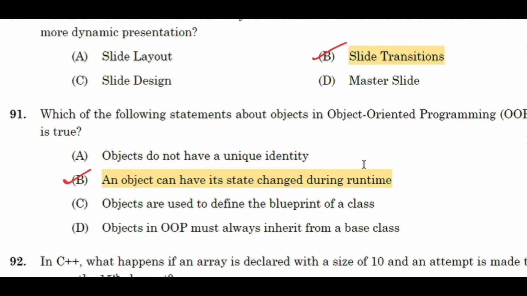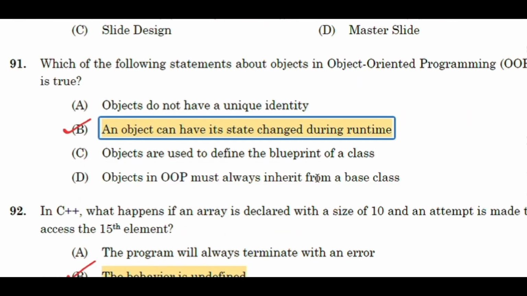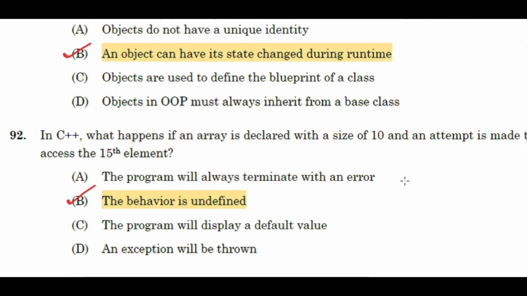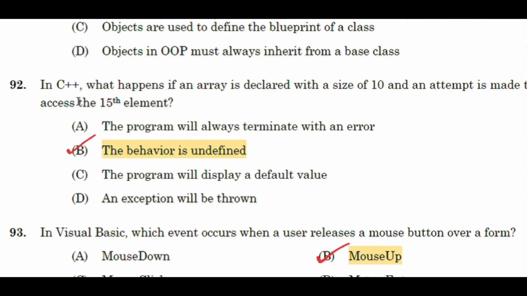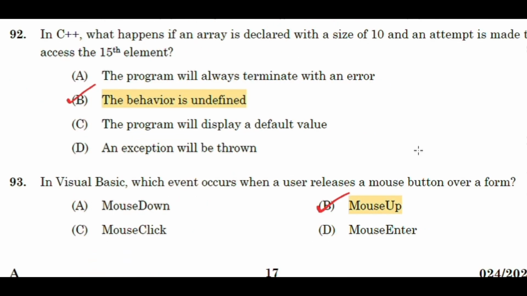Which of the following statements about objects in object-oriented programming is true? Answer is option B, an object can have its state changed during runtime. In C++, what happens if an array is declared with a size of 10 and an attempt is made to access the 15th element? Answer is option B, the behavior is undefined.